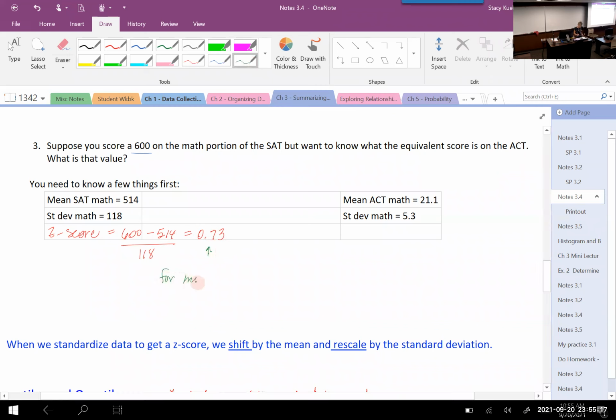So for my score, I'm 0.73 standard deviations above the mean.